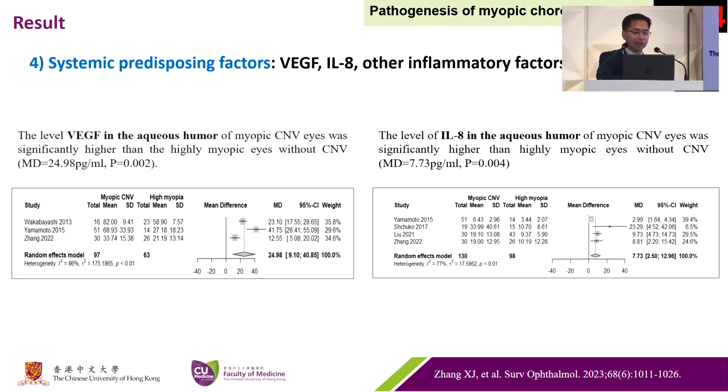The systemic predisposing factors, including VEGF, interleukin-8, and other inflammatory factors, have been reported to be higher in concentration in the aqueous humor in those myopic CNV eyes compared to eyes with high myopia but no CNV.